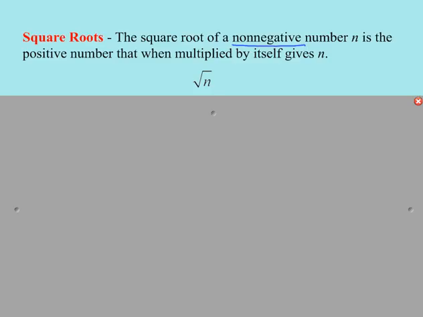So for example, 2 times 2 is 4, right? 2 being multiplied by itself gives us 4. So if we were to take the square root of 4, the square root of 4 is 2, simply because 2 times 2 is 4. So that's a good example that illustrates the definition of square roots.